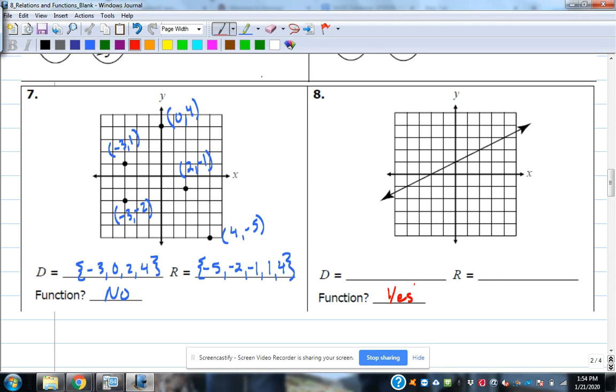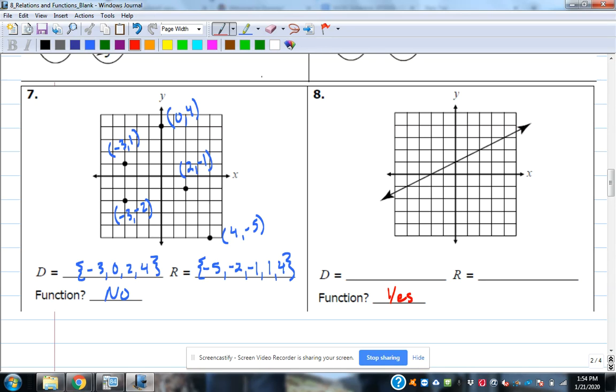Now the domain and the range is a little bit more difficult here because we don't have individual ordered pairs. That line represents every single ordered pair that could possibly exist, not just the perfect places where it crosses, like right here at -4, -1. That's a great point, but it's not the only one. There's another one here at -2, 0.